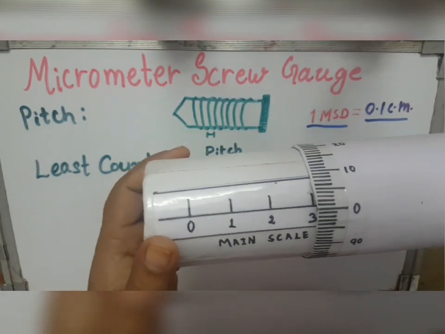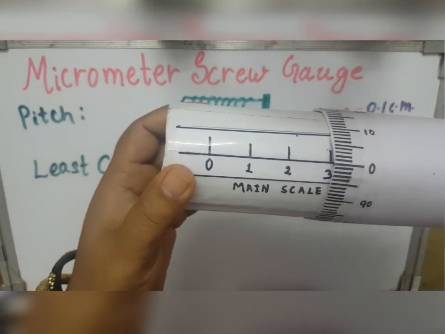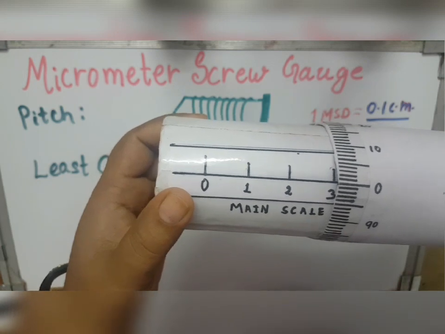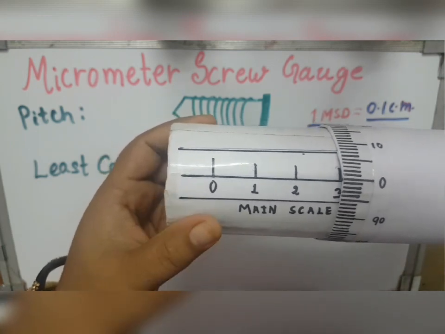For observations through screw gauge, we have to take multiple rotations so that an average distance covered for one rotation can be calculated.